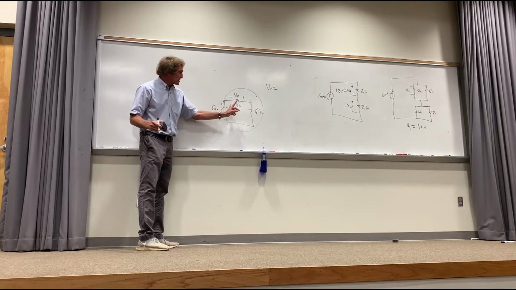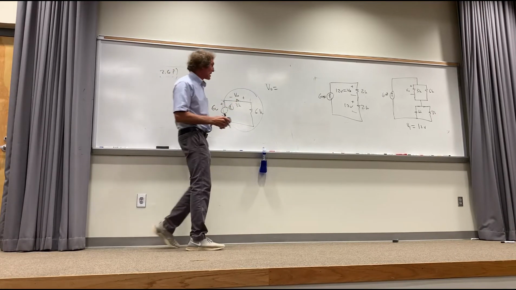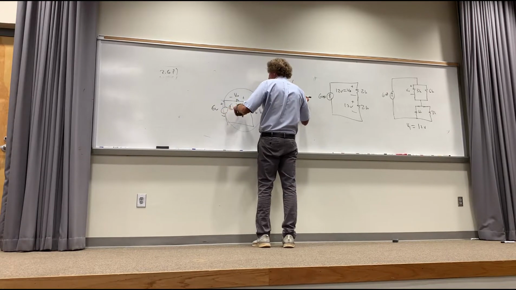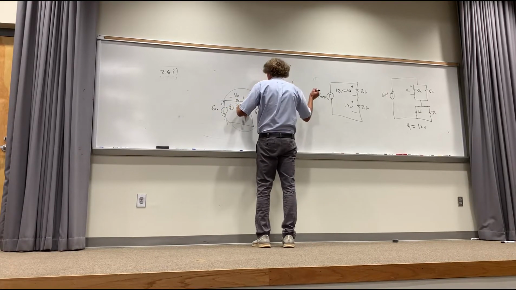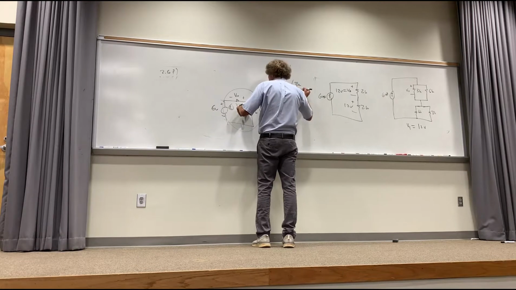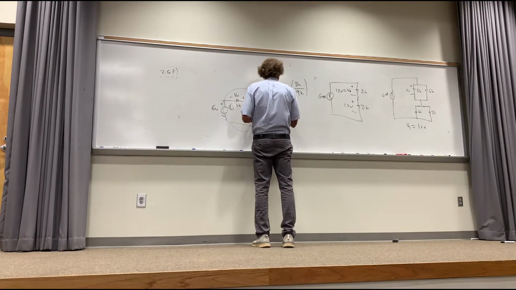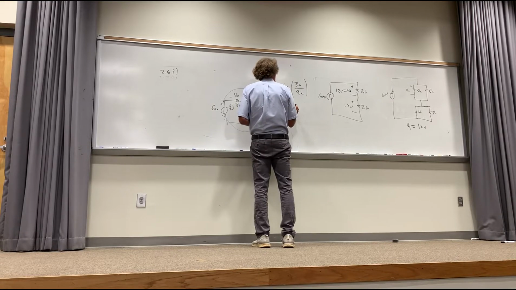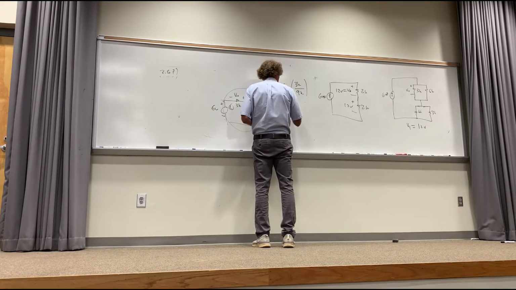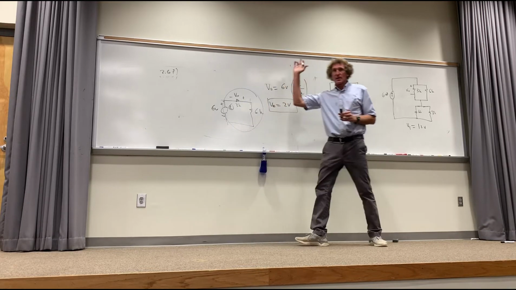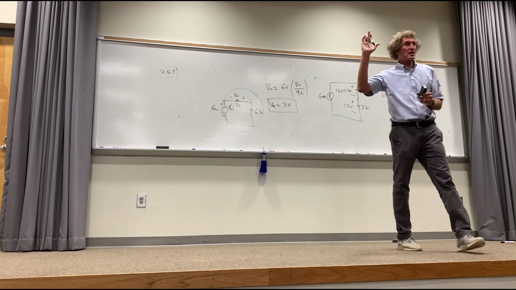So if I want the voltage across the 3K, I take the total voltage, 6 volts, and multiply it by the resistor I want the voltage across, 3K, over the sum of 3K plus 6, or 9K. And now I see that I really have 1/3 times 6, or 2 volts as V out. How many see that right there? Simple voltage division. Do y'all see it, class?